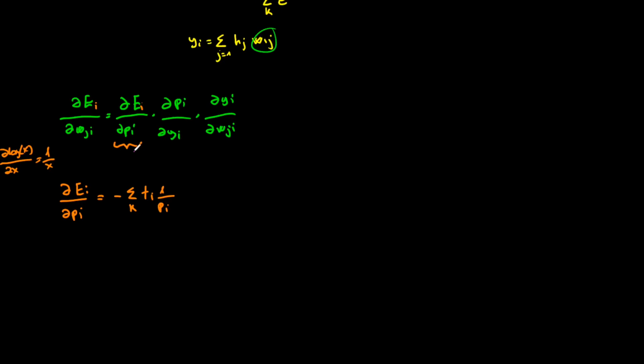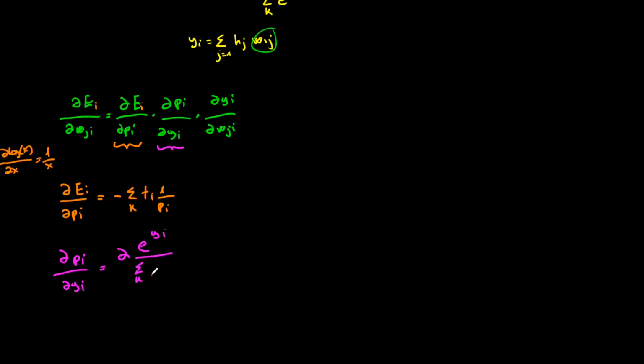The second step is deriving p sub I with respect to y sub I. So the derivative of p sub I with respect to y sub I is the same as the derivative of e to the power of y sub I over the summation over k.